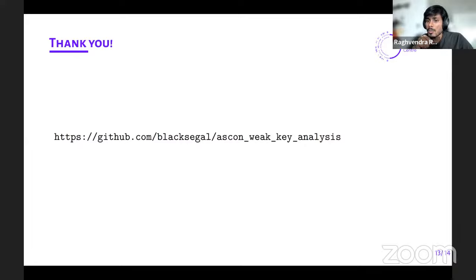There are 4 places where we have the conditions on the key bits. If these 4 bits are 0 instead of 1, then we can increase the number of weak keys from 2 to the power 116 to 2 to the power 120. If we have more ones in the round constants at the first round only, this will decrease the number of weak keys. So we have to play with round 1 and round 2 only.